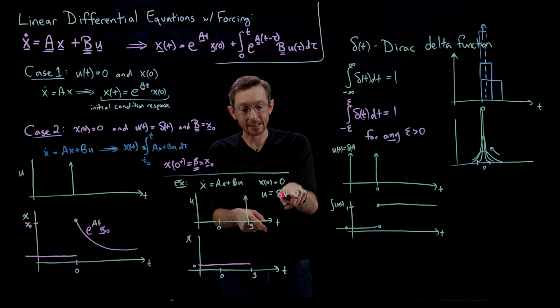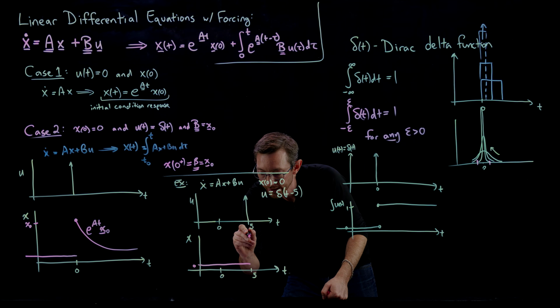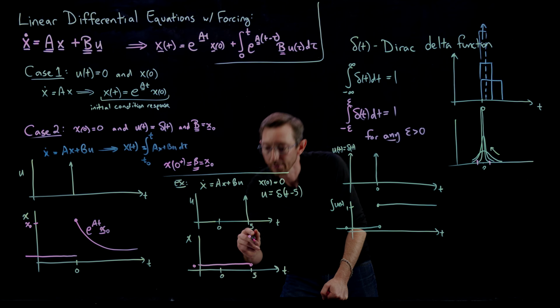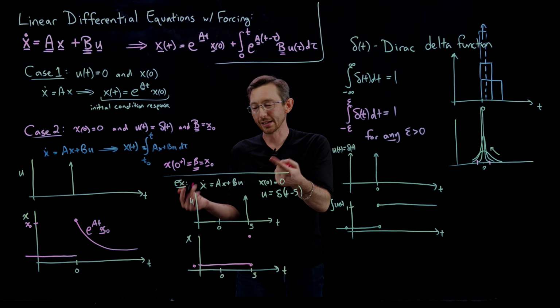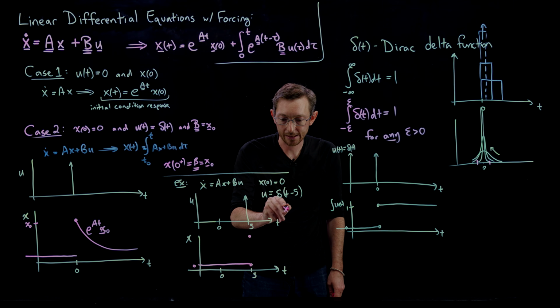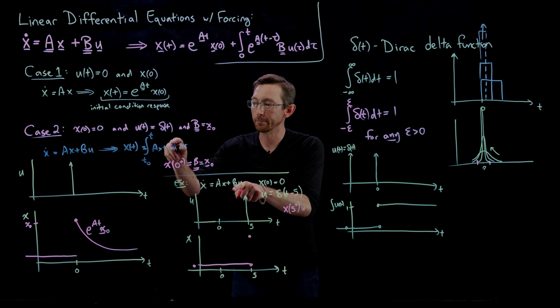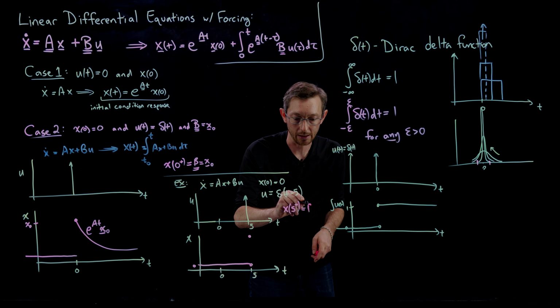So immediately at time 5, my system jumps up to a value, which is x at time 5 plus epsilon equals the integral of b times that delta function, which is b.